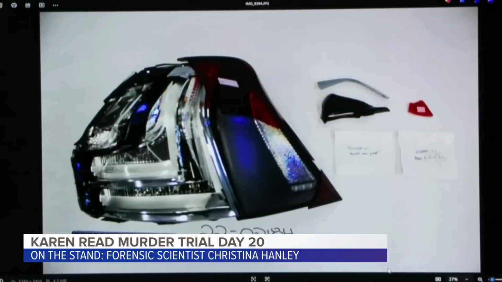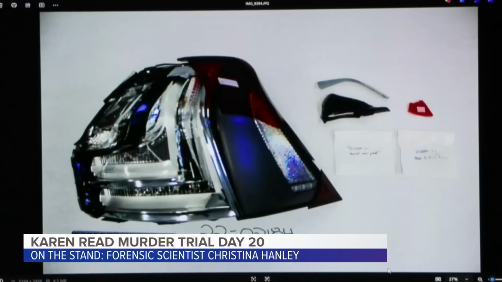There were clear and red plastic portions of the taillight that appeared to be broken. So I sampled portions of the clear plastic as well as the red plastic on the taillight.